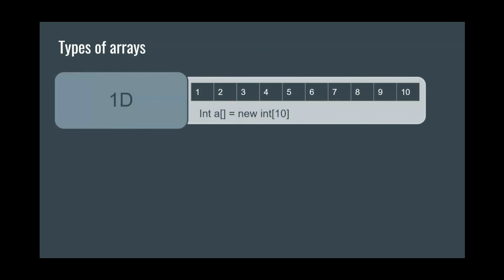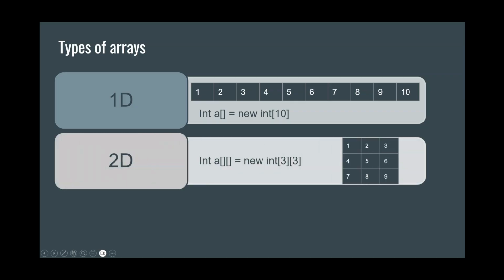What are the different types of arrays? The simplest, linear one is the 1D array. We just define this array. The other one is the 2D array. For example, I defined a table here which is of size 3 by 3. Basically the number of rows is 3 and the number of columns is also 3.